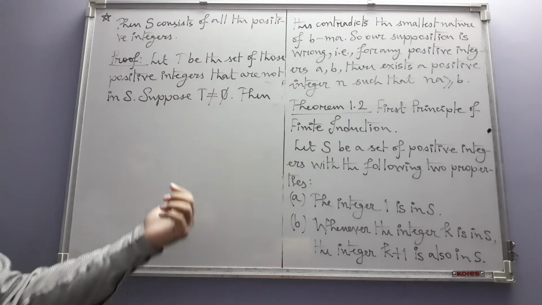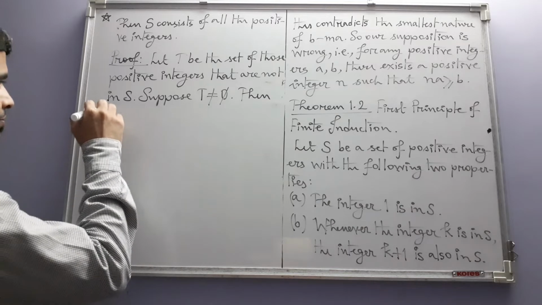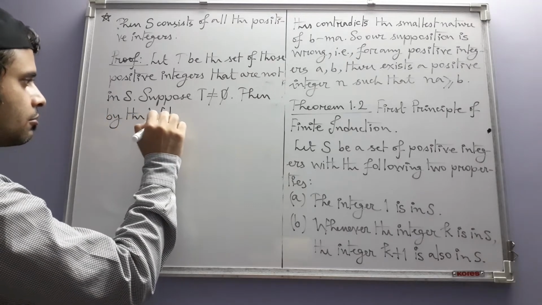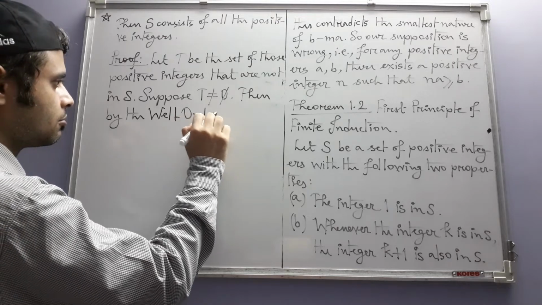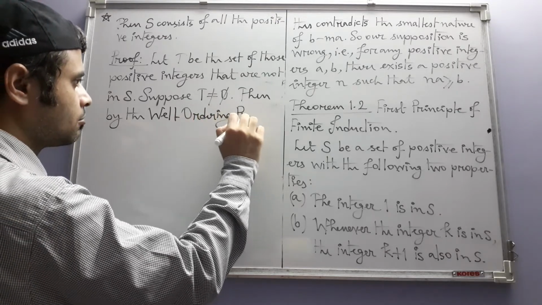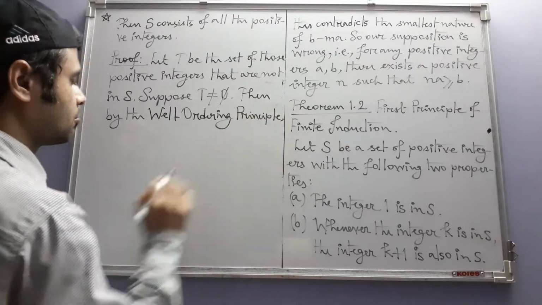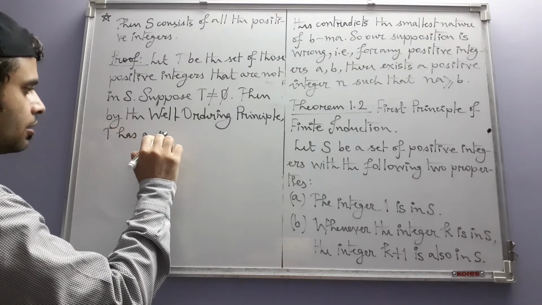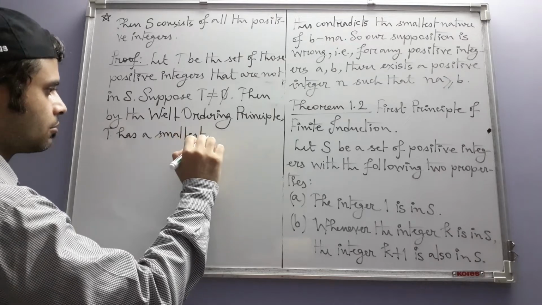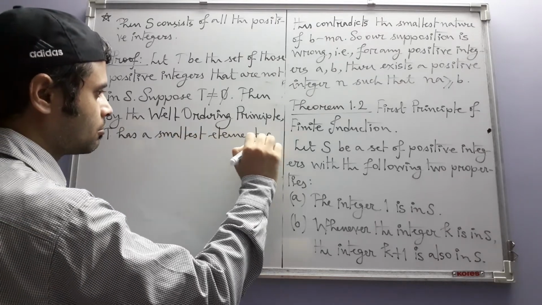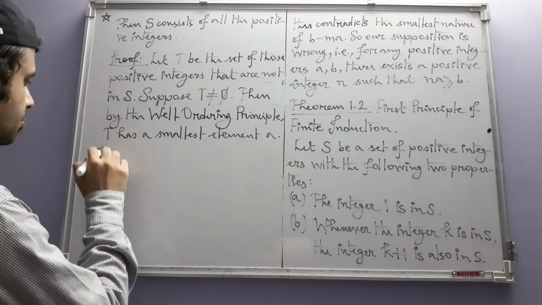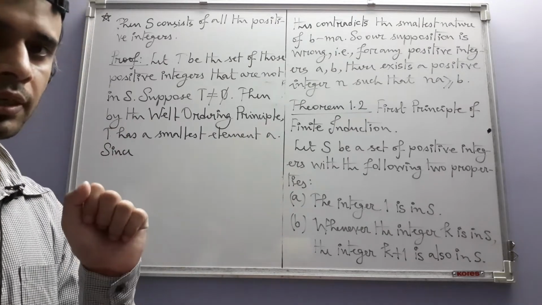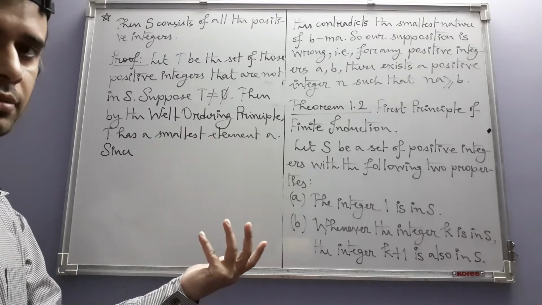So by the well-ordering principle, T will have a least element. T has a smallest element, say A. Now this A is a positive integer that is in T. Okay.